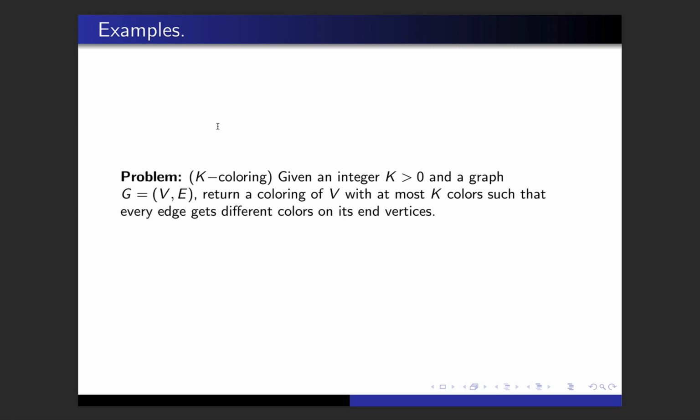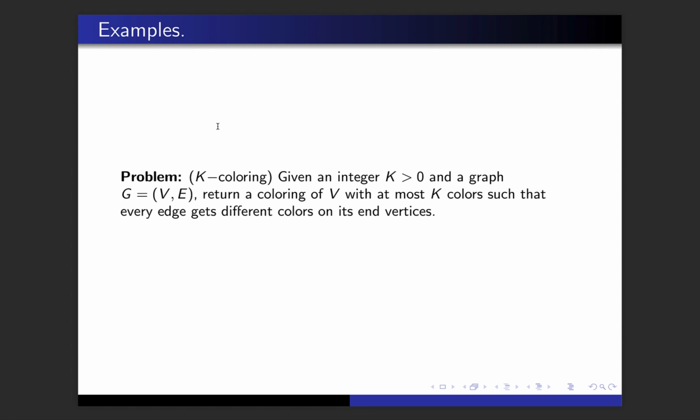We're given an integer k bigger than 0. This is a natural number, and we're given a graph G, which is typically undirected. It doesn't really matter. What is our goal? Is to return a coloring of the vertices, coloring of the set V, which involves at most k colors, in a way that every edge gets different colors on the end vertices of those edges.